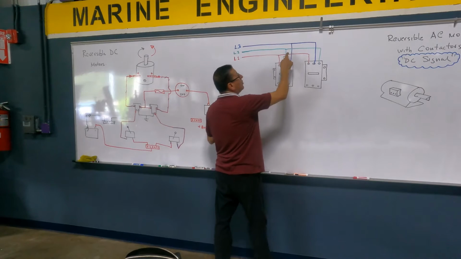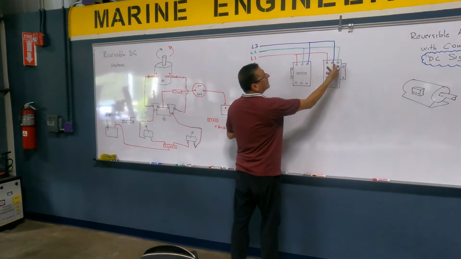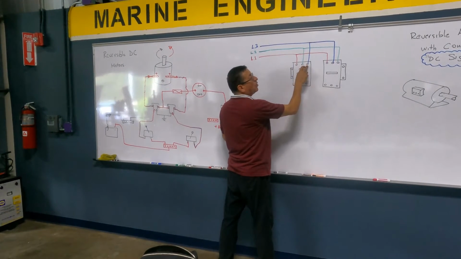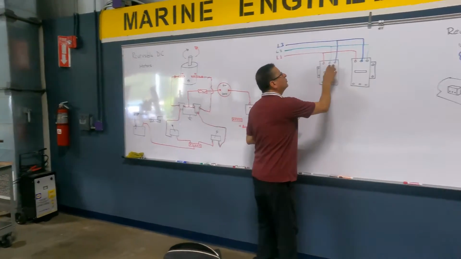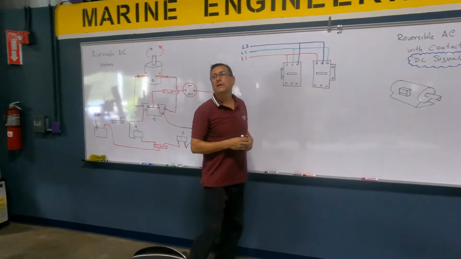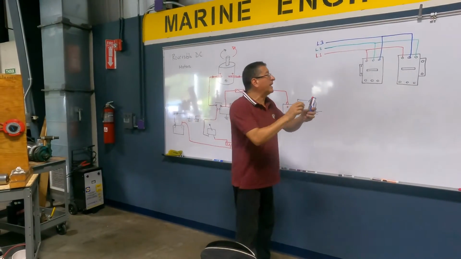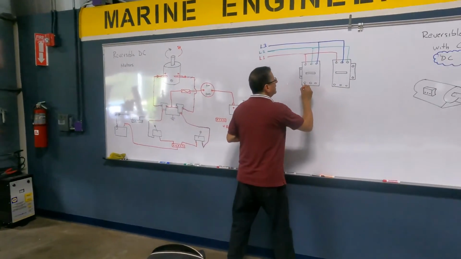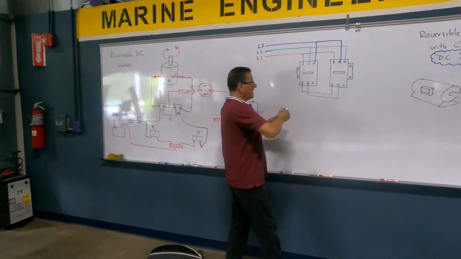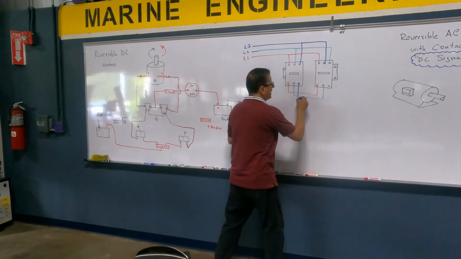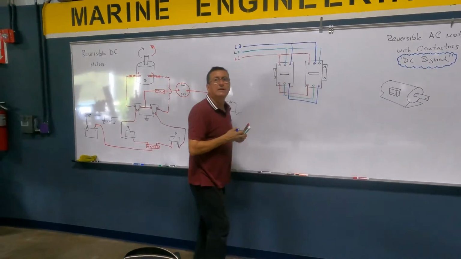What happened with the blue and the green in this one? Green, blue, blue, green. I switch those two positions here. And now in the button, I connect normal: the red one in the first, the green in the second, and the blue in the third. Everybody follow me?